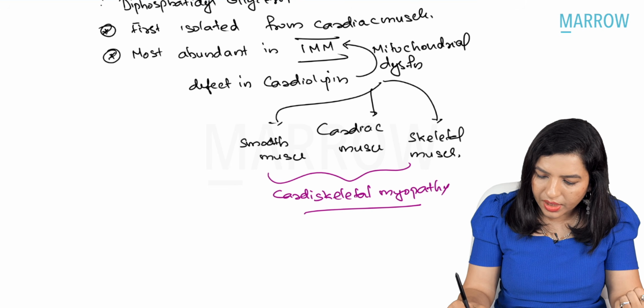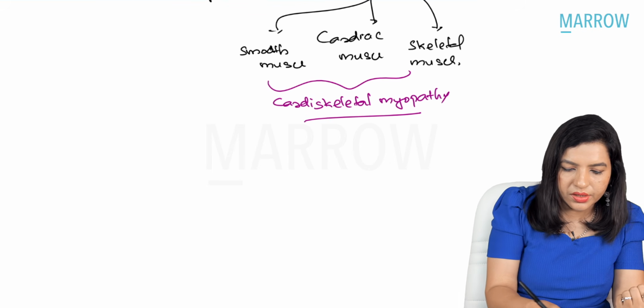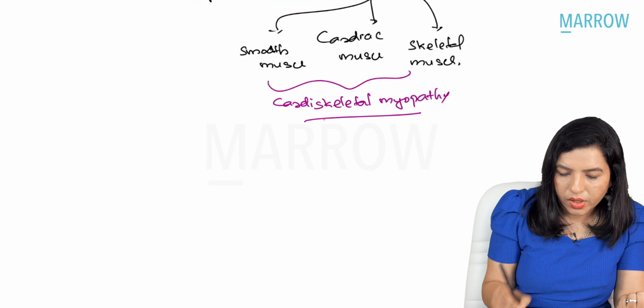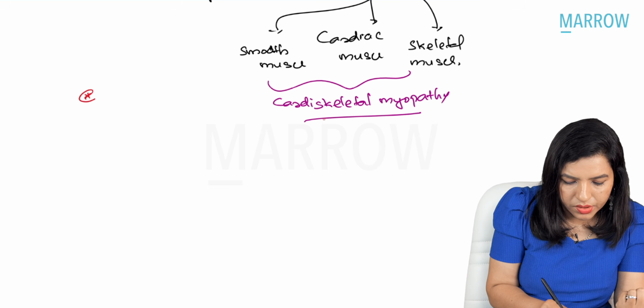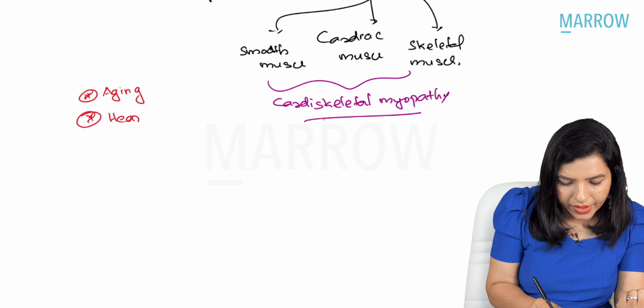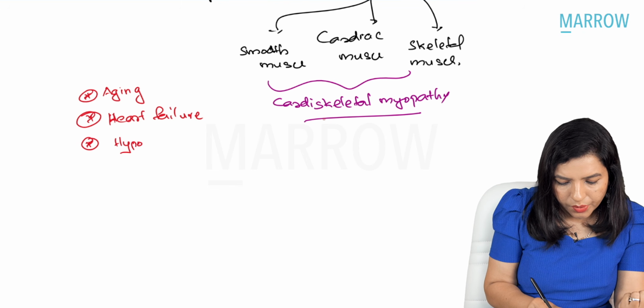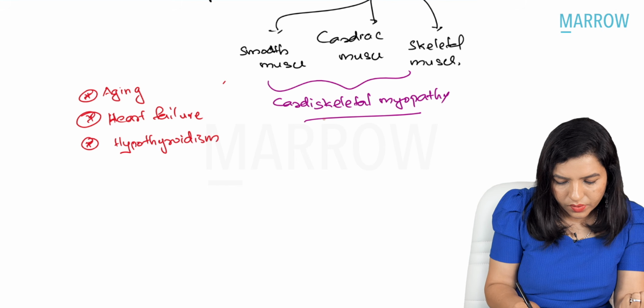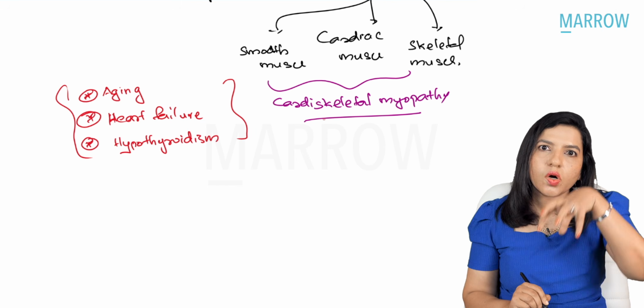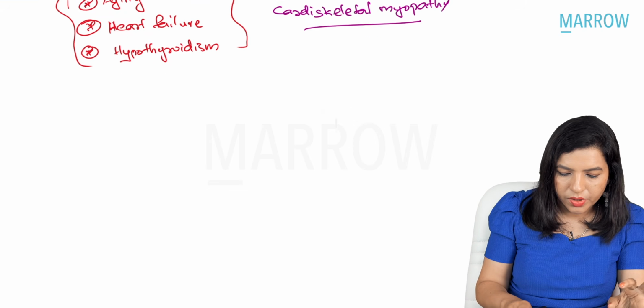Now what are the other disorders associated with cardiolipin? Apart from Barth syndrome, it is also associated with aging, heart failure, and hypothyroidism. So cardiolipin is associated with all these disorders plus Barth syndrome. Okay.